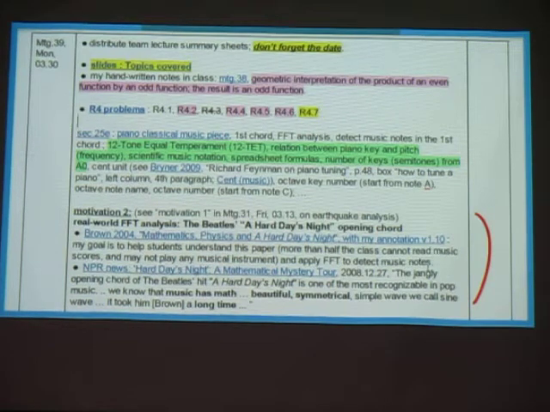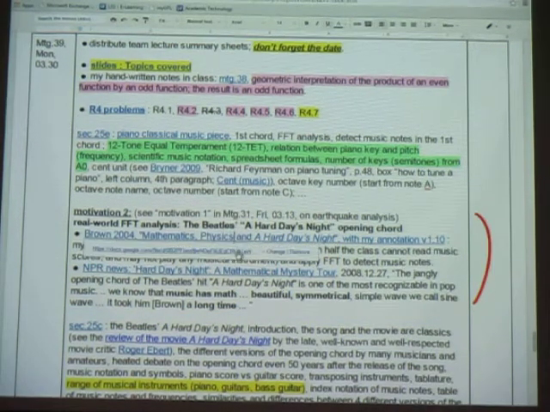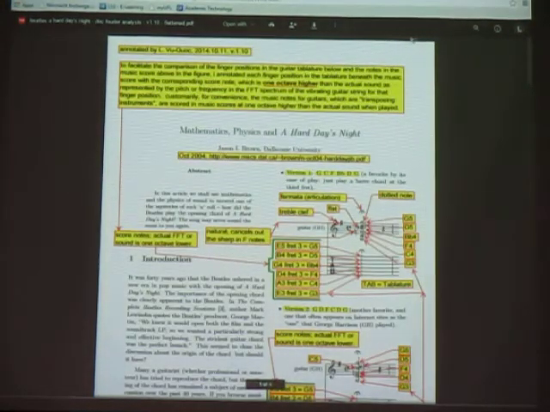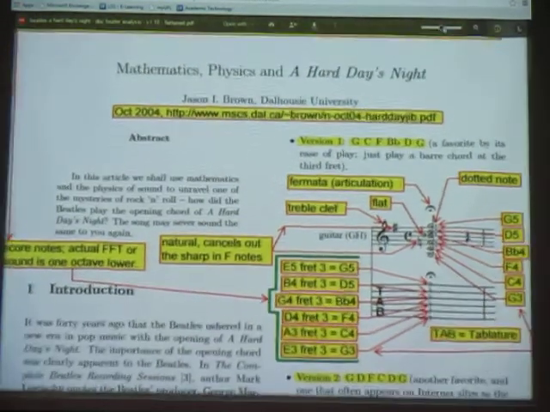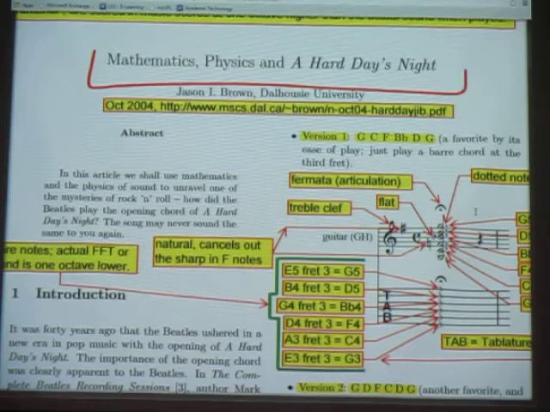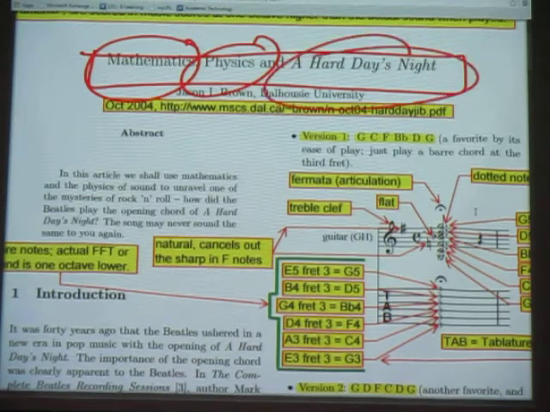But let me show you the goal. My goal is this paper here. And let me zoom in. You look at the title. The title is Mathematics, Physics, and a Hard Day's Night. With the word mathematics first, second is physics, and only the Beatles the third.